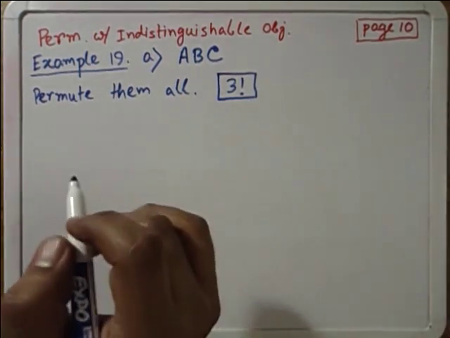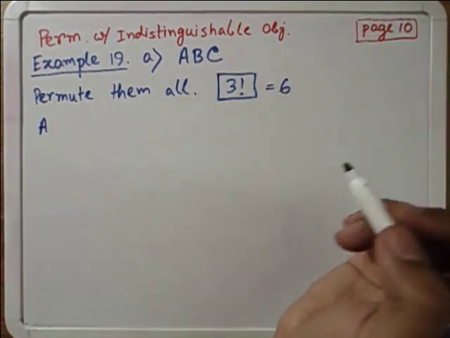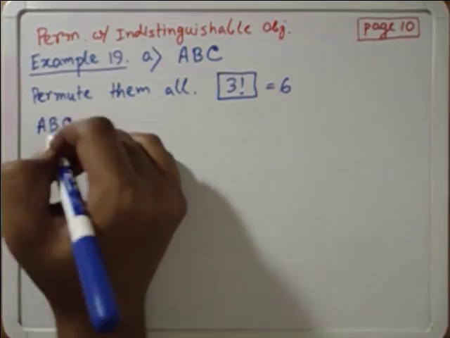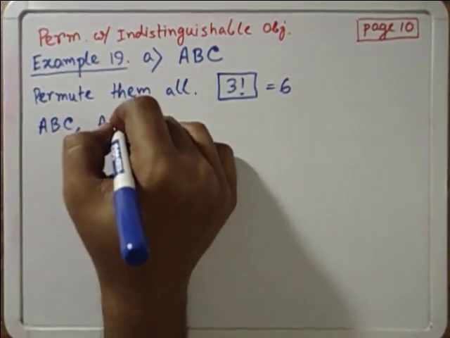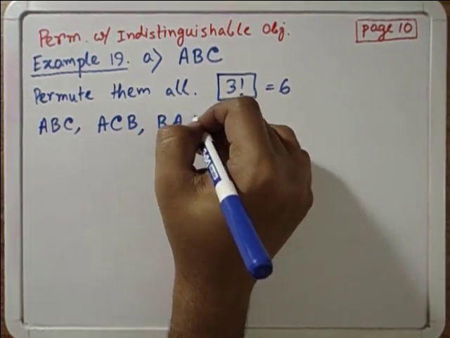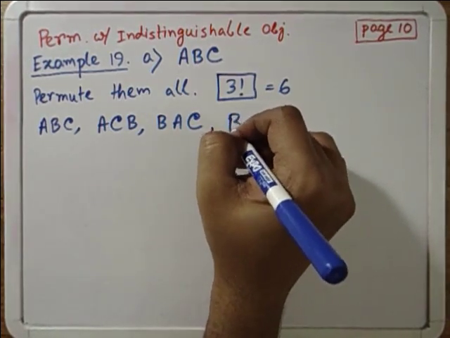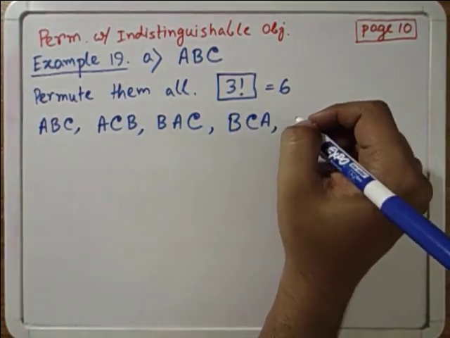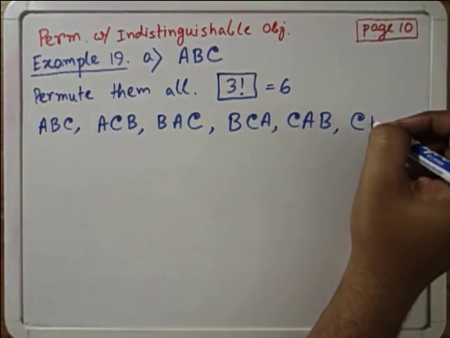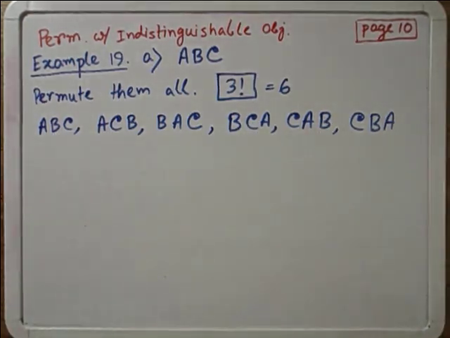Just for some example, let's see what are these 3 factorial or 6 different strings: ABC, ACB, BAC, BCA, CAB, and CBA. 1, 2, 3, 4, 5, 6 different strings.